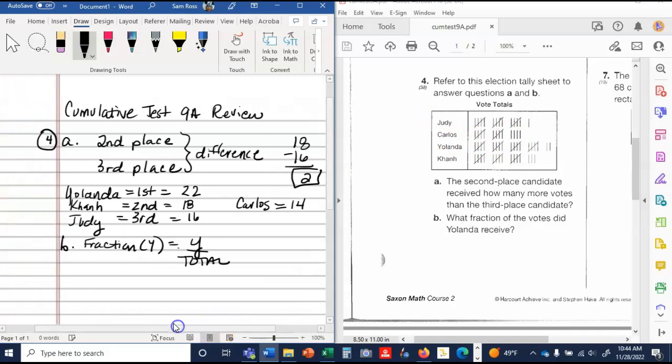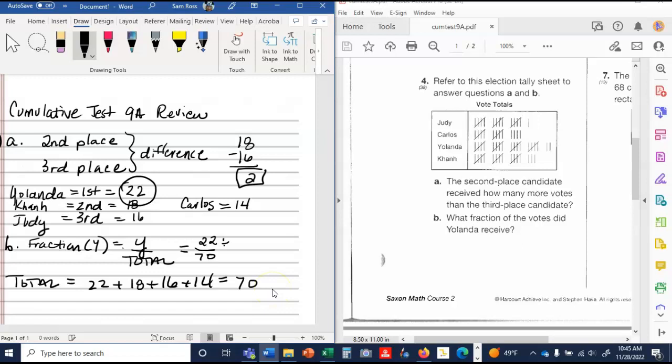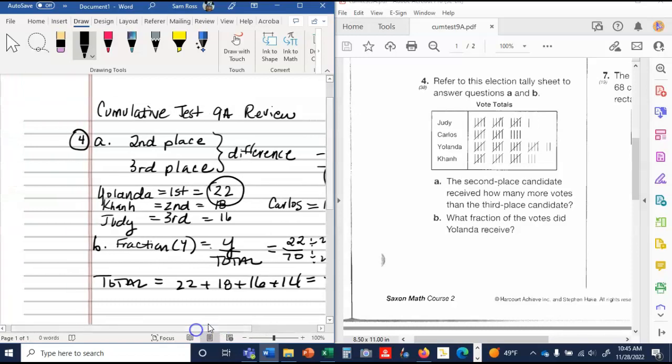So to get the total, I'm going to add 22 plus 18 plus 16 plus 14, and I get 70. Yolanda had 22, so 22 out of 70. Since both of those numbers are even, I can divide by 2 and I get 11 over 35. 11 is prime. We can't do anything with that. So that's going to be my answer to B.